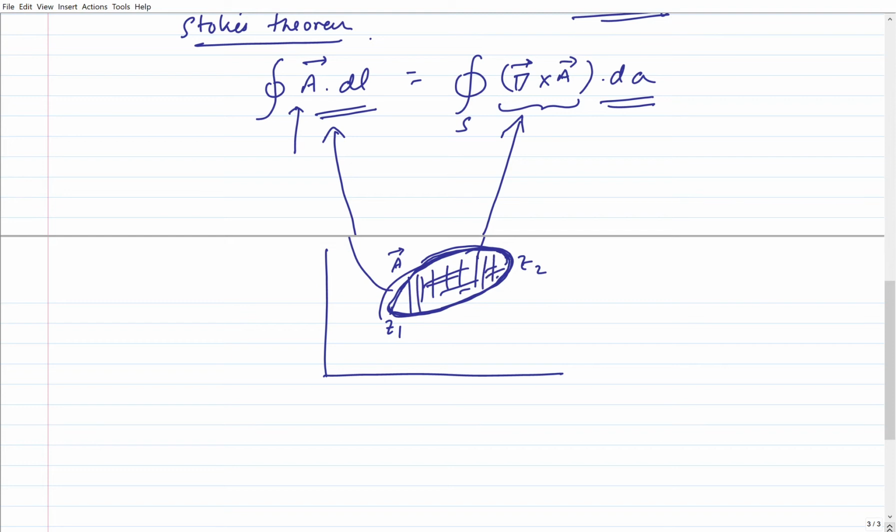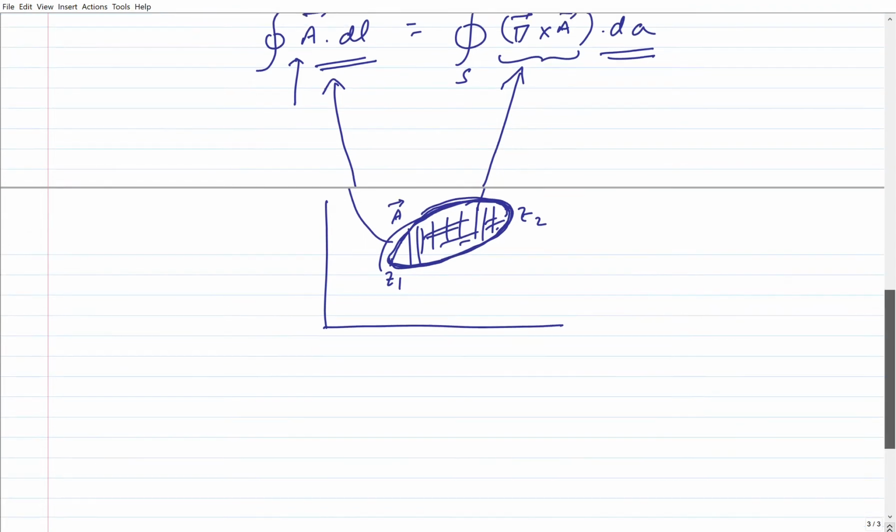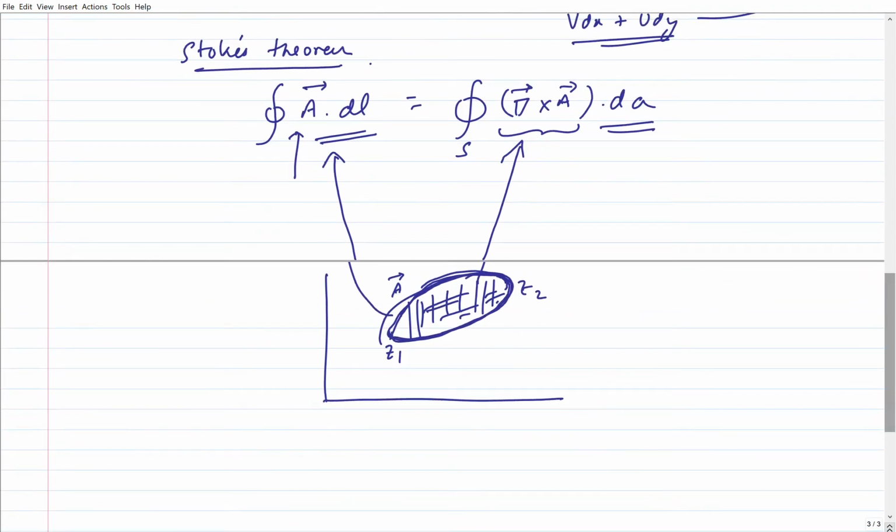So one very familiar form of the Stokes theorem you already know. Notice this is the evaluation of the function over the boundary, and this is the evaluation of the derivative.